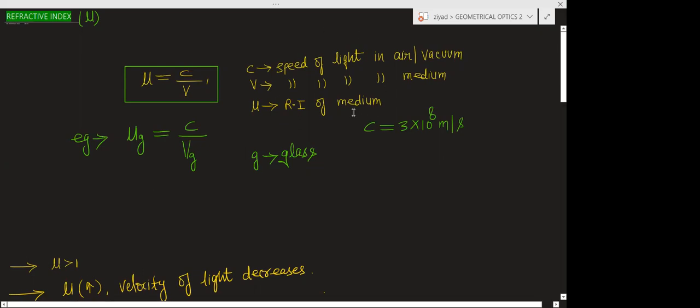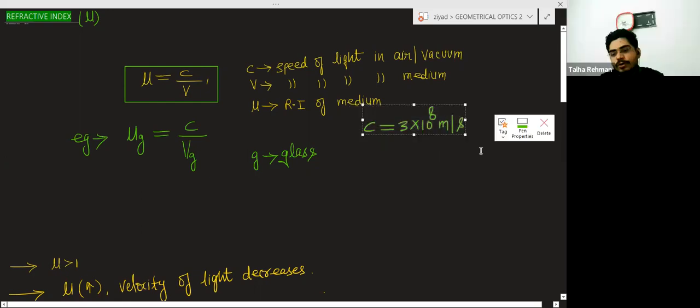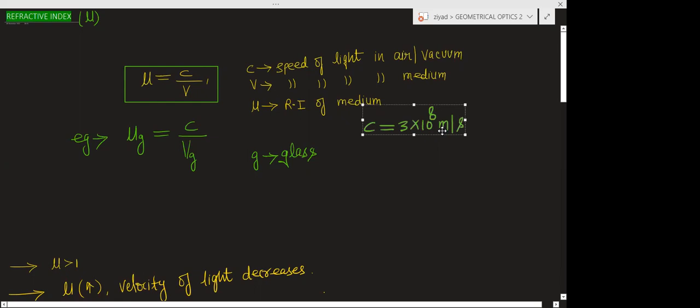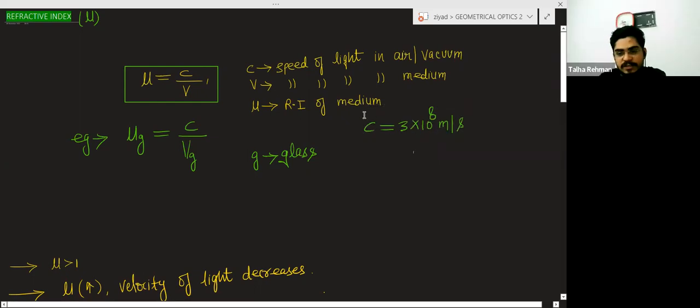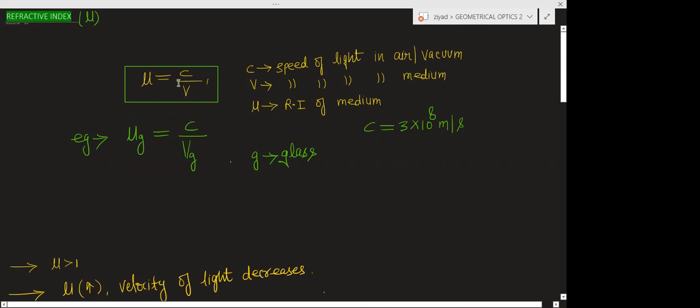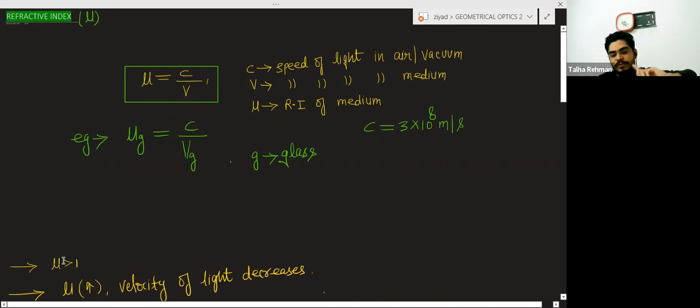Light cannot travel faster than this speed, no matter which medium is there. So the C value will always be greater than the V value. The numerator will always be greater than the denominator, so the refractive index will always be greater than 1.